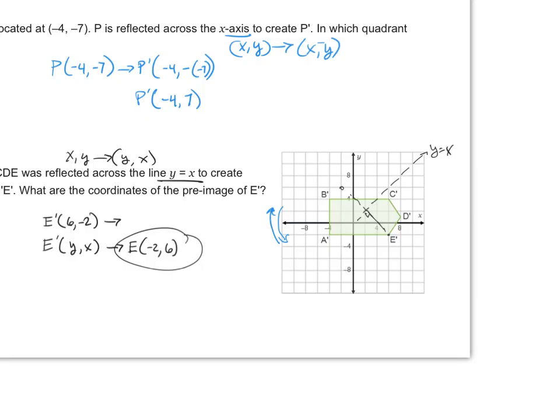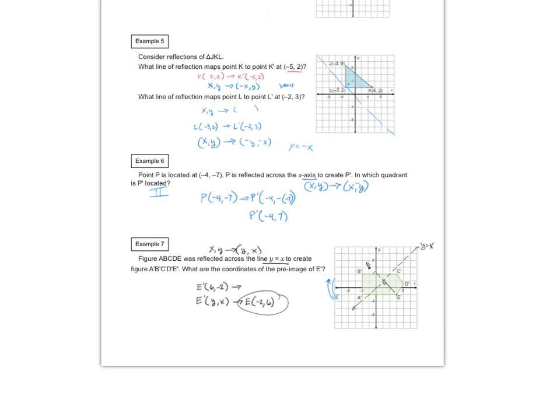So if I look at that, that would be negative 2, 1, 2, 2, 4, 6, and there is E. Okay, there you go. That is how we could identify it graphically, or turn around and do it mathematically. So those are my basic functions, or basic reflections.